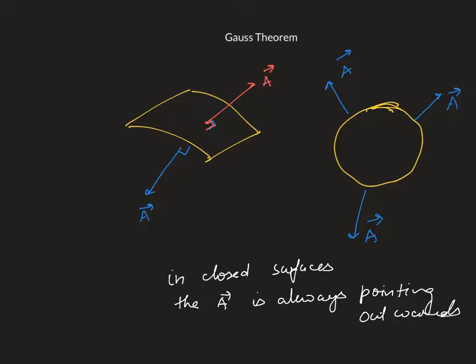We have to understand this much. It is still perpendicular, I'm not saying it is not perpendicular, but it is always pointing outwards and never inwards. Never do that, please. In an open surface, you can point in any direction because there is no outwards or inwards, whereas in a closed surface, you will always have to point it outwards.